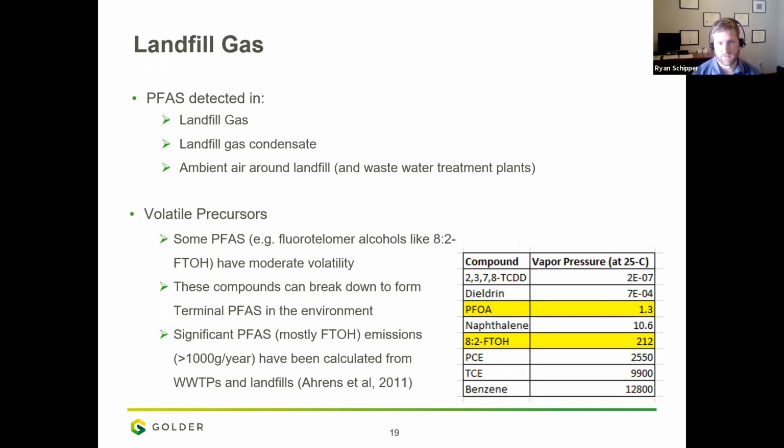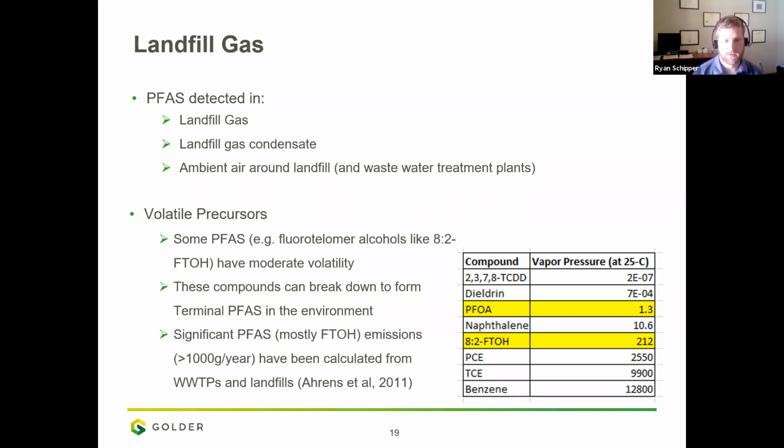You can see down there the PFOA vapor pressure is relatively low. We shouldn't see a lot of that. However, it's a couple orders of magnitude higher for 8:2 FTOH, which can break down into PFOA. So some of those precursors have higher vapor pressures and can be seen in the landfill gas.